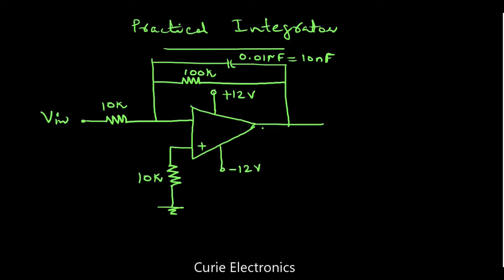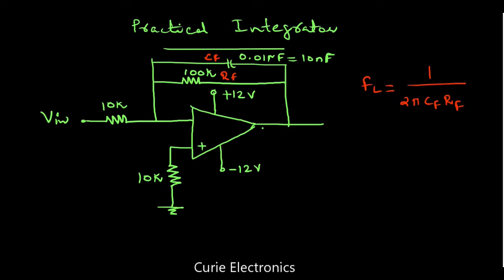For a practical integrator circuit, we have a cutoff frequency. Let me write the equation for it. That is FL equals 1 upon 2 pi CF RF.